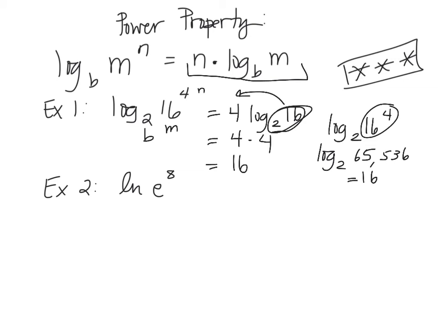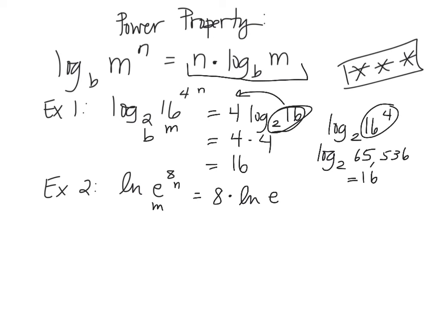And then here we have ln, or log base e, the natural logarithm, of e raised to the 8th power. So this is our b, which is still e, even though you can't see it. This is our m, this is our n. So we have 8 times ln of e.